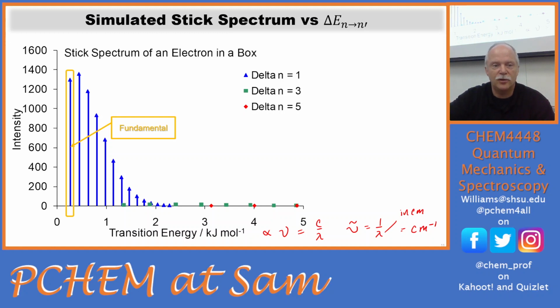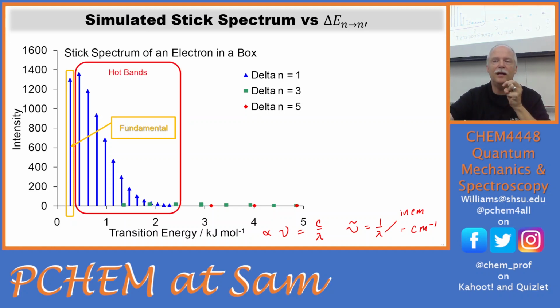This first one is the fundamental. So that's the 1 to 2 transition. If we have thermal population in the excited states, then we have hot bands. So this word is telling you something about that. Hot bands means thermally populated.